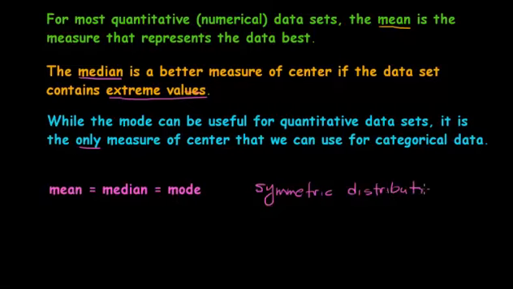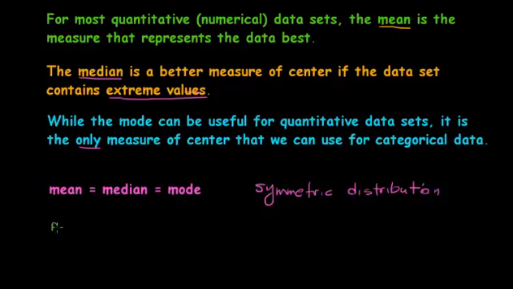Now we'll get into this some more in later videos, but this is the thing to note. When our measures of center are all the same, then we have a symmetric distribution, and this is not likely for them to be exactly equal.